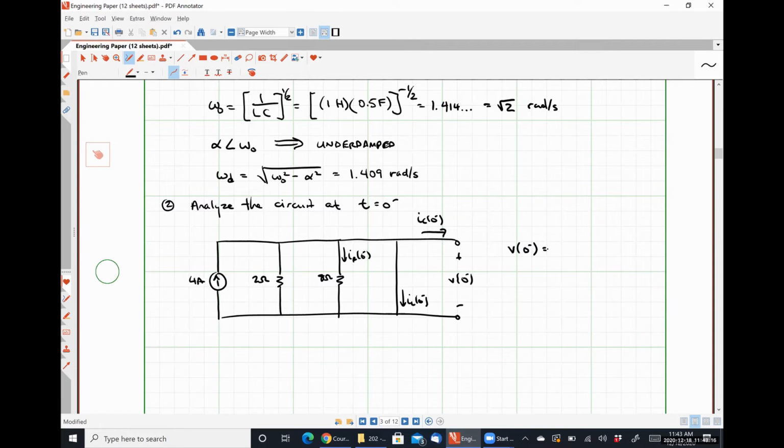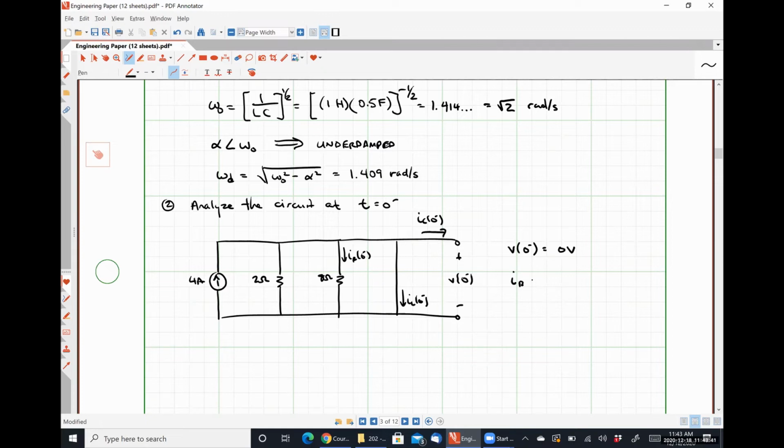V at 0 minus is going to be what? Zero. Why? Right, so the voltage drop over the short circuit that is representing the inductor, by definition, must be 0 volts.